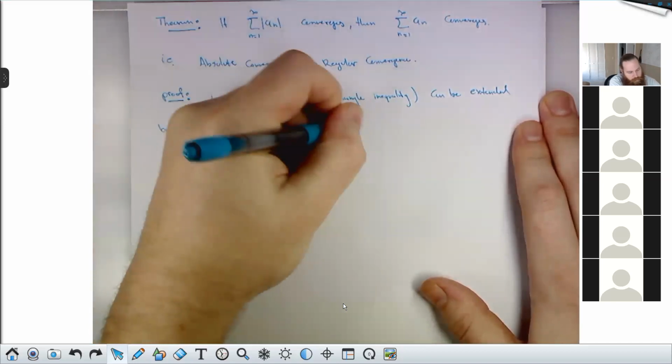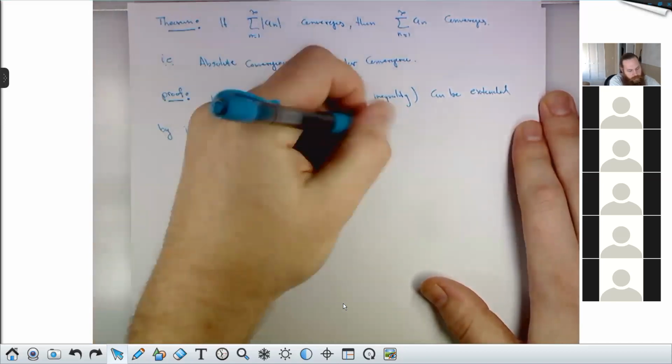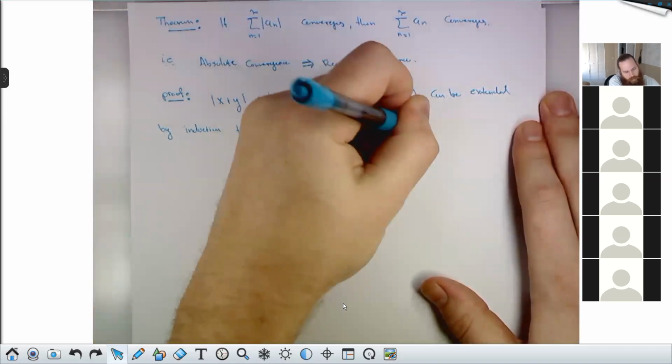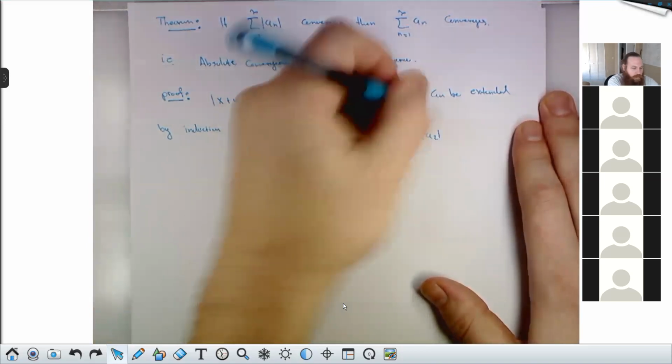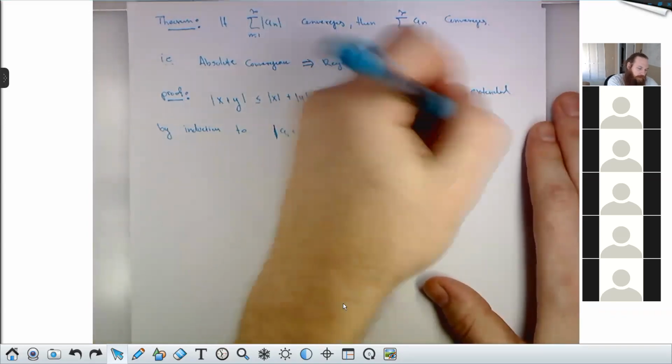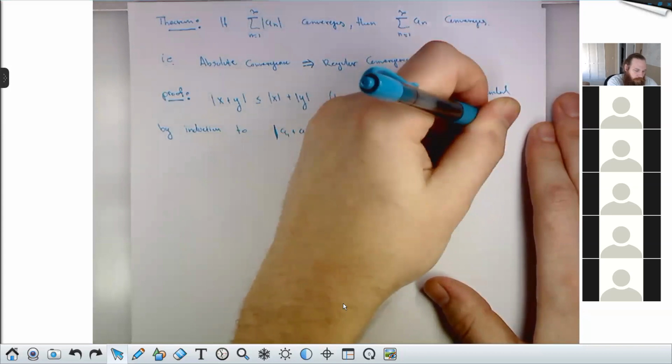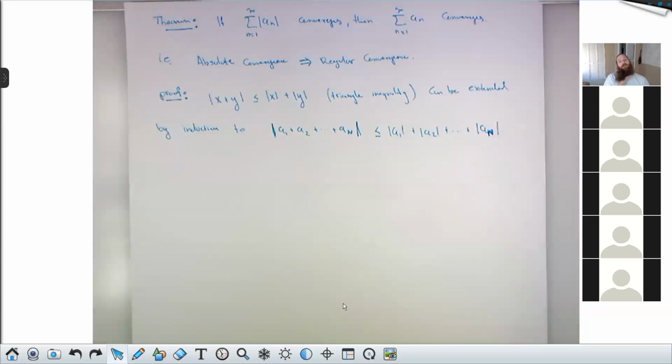If you sum a bunch of things and then take absolute values, that's always less than or equal to the sum of the absolute values of those things. Oh, a capital N.